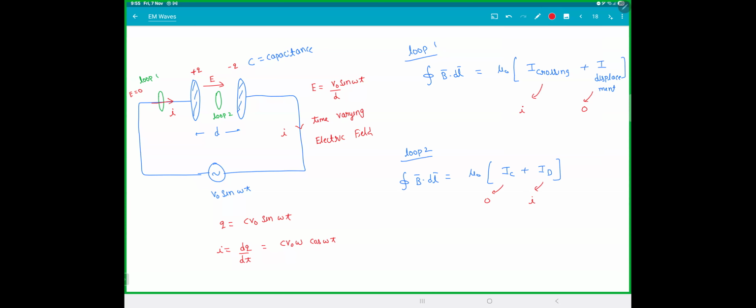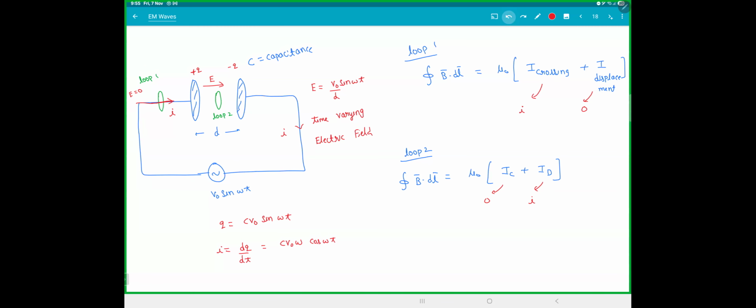So finally, how will the whole picture become? The whole situation has become as if this current I which is flowing, somehow it is going in a straight line as if there's a wire in between. Isn't that how the question became? Now see, through loop 2 also there's a current passing through this, if you assume there's a wire. That's why I called it a pseudo current.